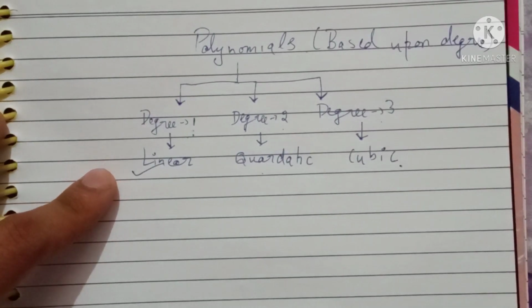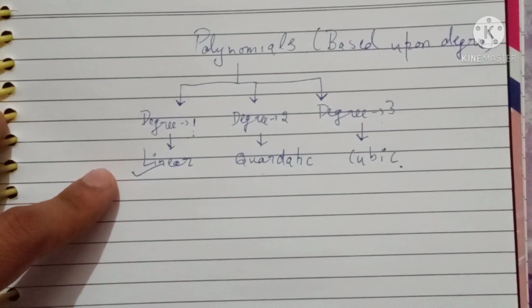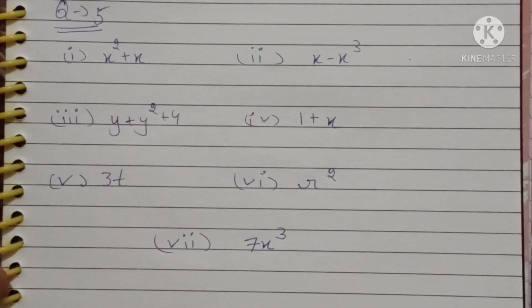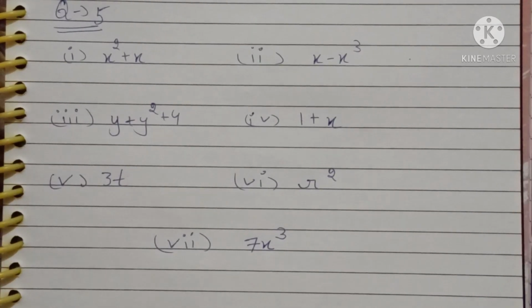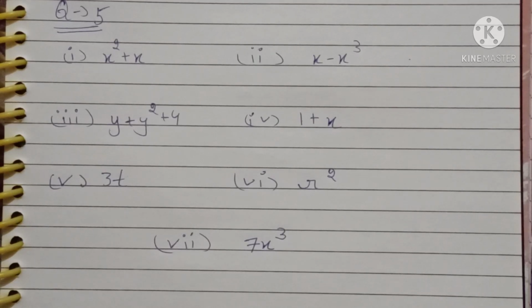Now let's move on to question number 5. So now I have written down question number 5 and it contains 7 parts. In question number 5 you have been asked which of these polynomials is linear, which is quadratic, and which is cubic.